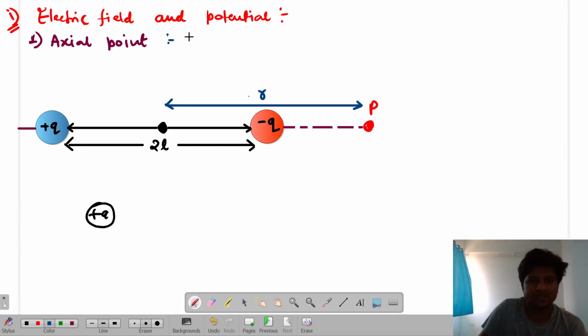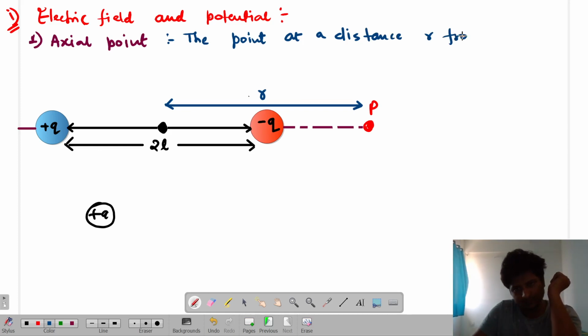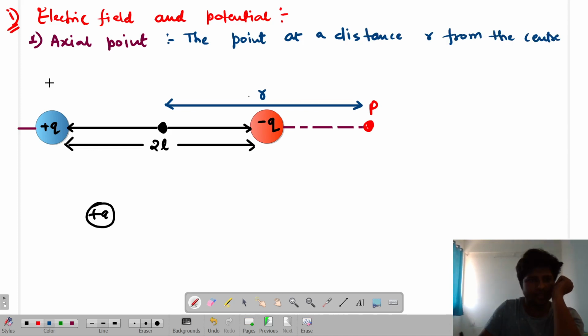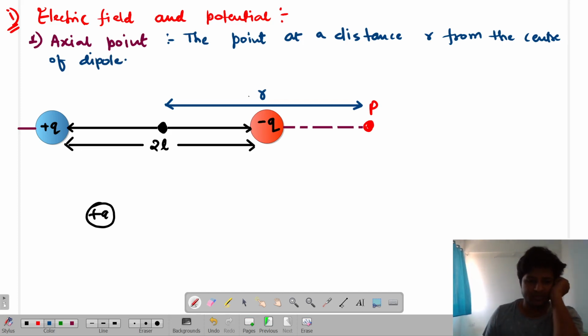So axial point means the point at a distance r from the center of the dipole. Is that clear?